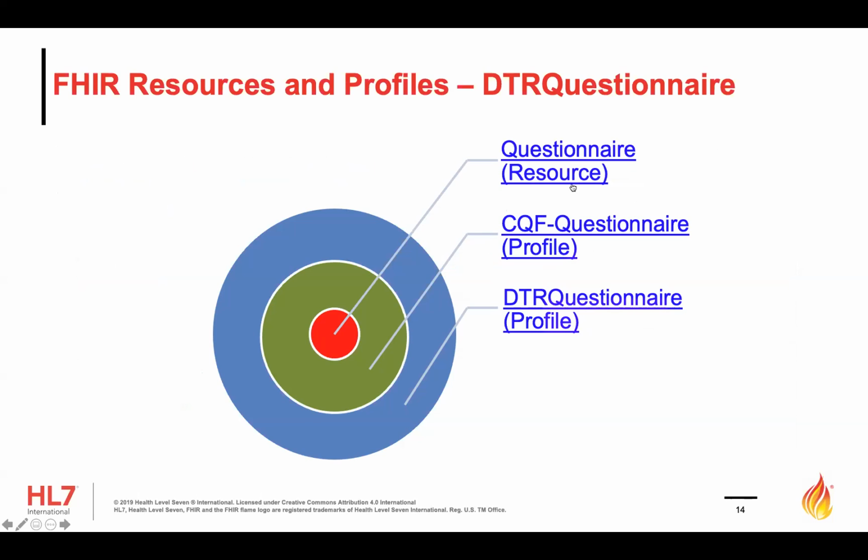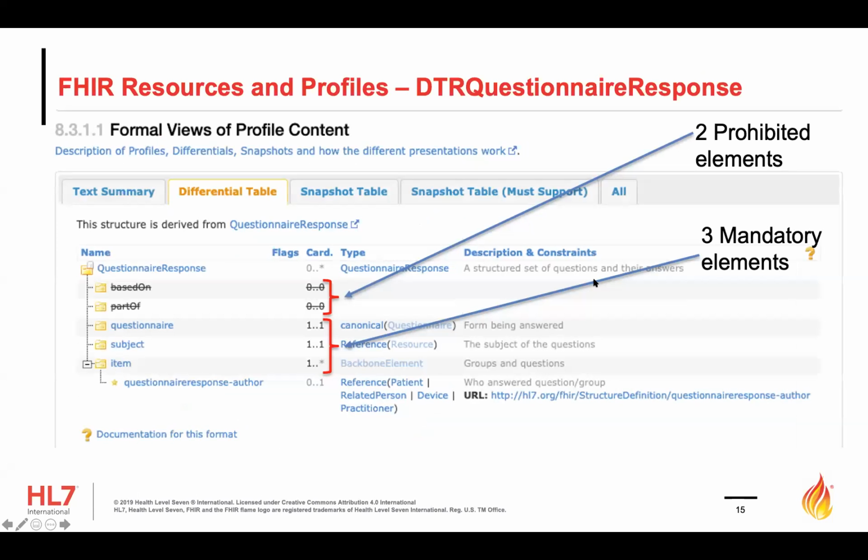So the first is a resource, and the next 2 are profiles of those resources, and so on. The other resource that we have profiled is the DTR questionnaire response. So there's a questionnaire, and then there's a response. So this has all your answers to whatever questions you had to fulfill. And this again shows prohibited elements, mandatory elements.